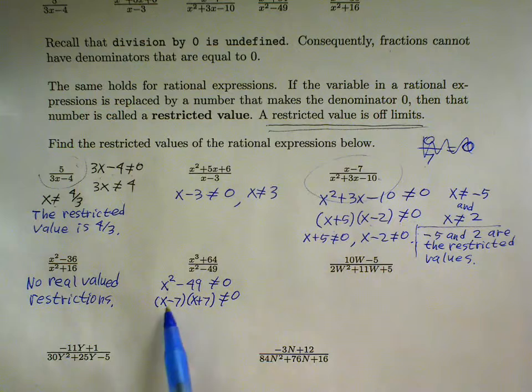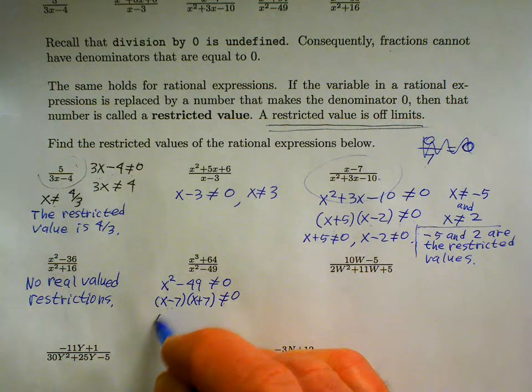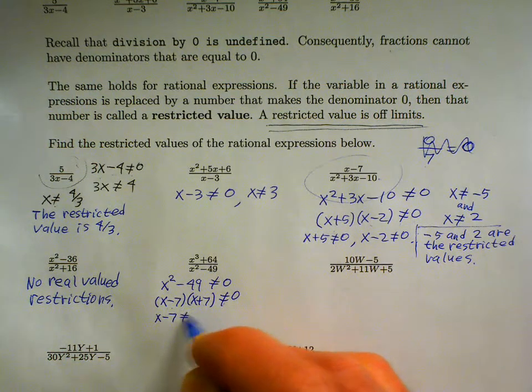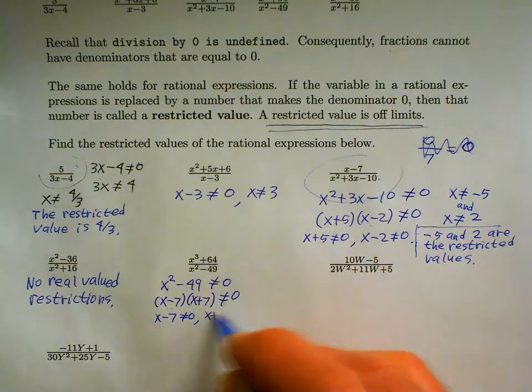If the product of two numbers does not equal 0, then neither of the numbers can be 0. So if x minus 7 times x plus 7 does not equal 0, then x minus 7 does not equal 0 and x plus 7 does not equal 0.